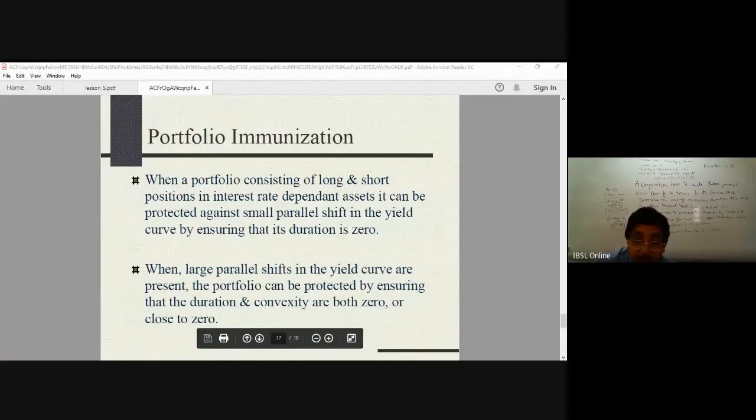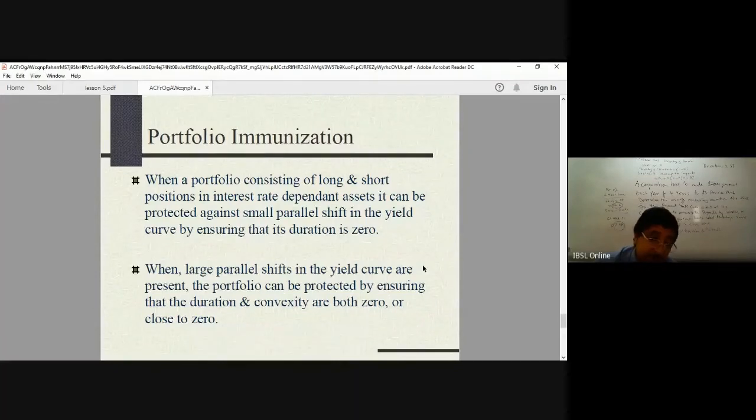Now there are also some limitations. When large parallel shifts in the yield curve are present, the portfolio can be protected by ensuring that the duration and convexity are both 0. Here we have taken into consideration only the duration, not the convexity.